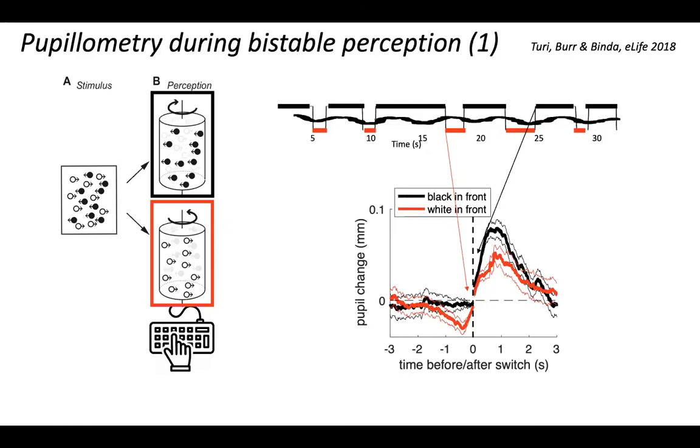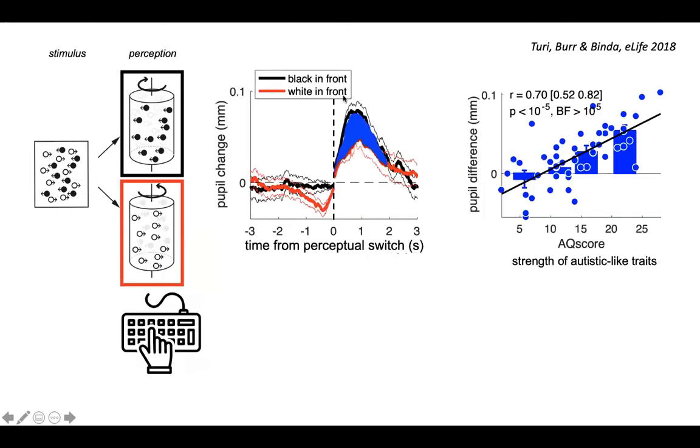And like I said, this is the average across participants. What's interesting is that we found that this pupil modulation, consistent with attending to the front surface, was really only seen in a subset of our participants. So we took this pupil modulation that I've highlighted here with blue and quantified it for each of our 50 participants, and we plotted this value against the AQ score of that participant.